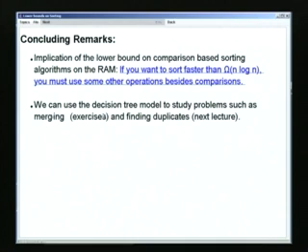I will also state that the general model of decision trees can be extended somewhat, so that rather than just allowing comparisons, you can also allow some arithmetic inside it. And so, the lower bound model can be made somewhat stronger. In any case, we have seen some lower bound results, and we will continue this with the next lecture. Thank you.